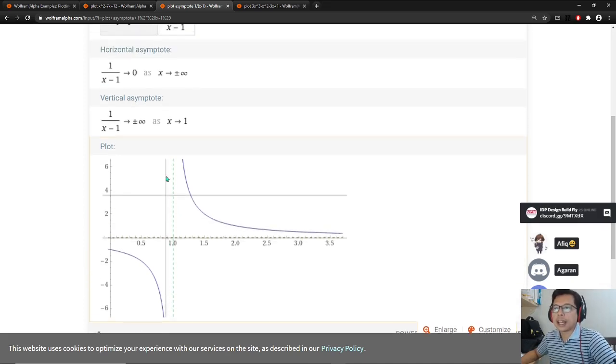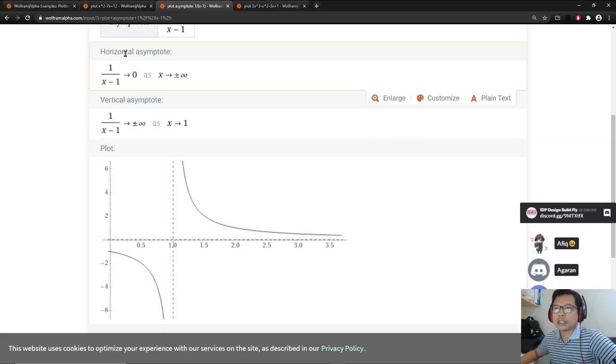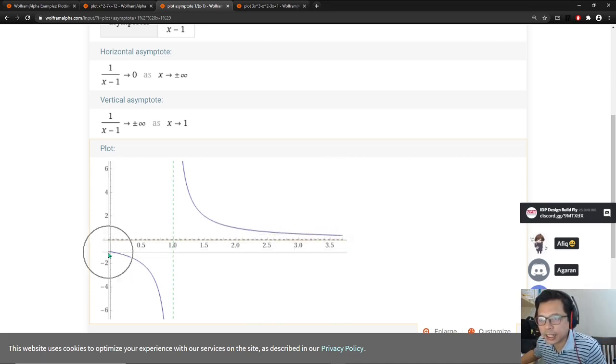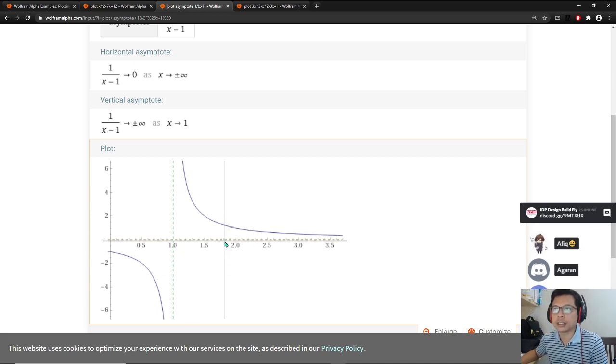Okay? And then there's another asymptote, the horizontal asymptote. As y goes to 0, it will approach 0. So there's another asymptote here. You see? So the value of y, the range, will not reach this line right here.